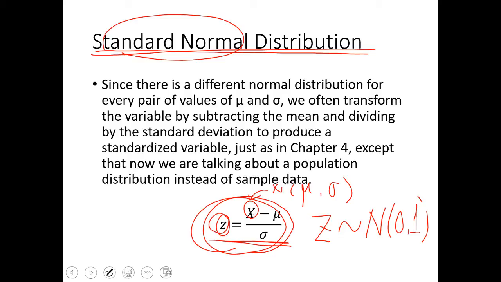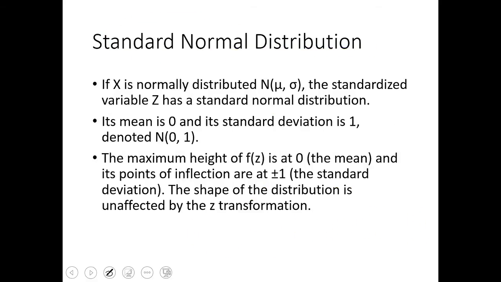So all normal distributions with parameters mu and sigma can be changed to the standard normal distribution, which has zero mean and unit variance, unit standard deviation, using this equation. So x is normally distributed with mu and sigma, and the standard normal distribution is z, with mean 0 and standard deviation 1, and we denote that N(0, 1).